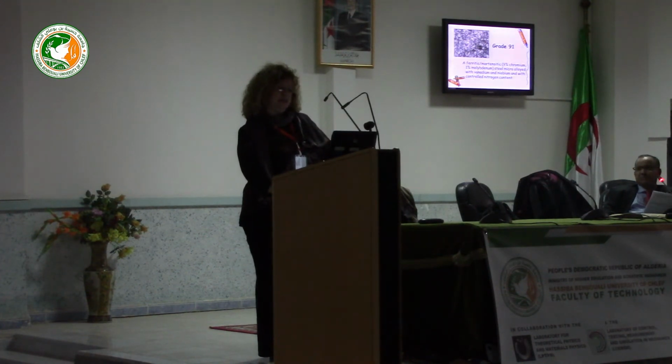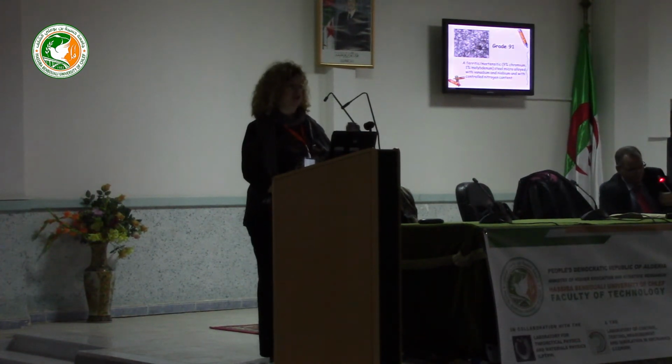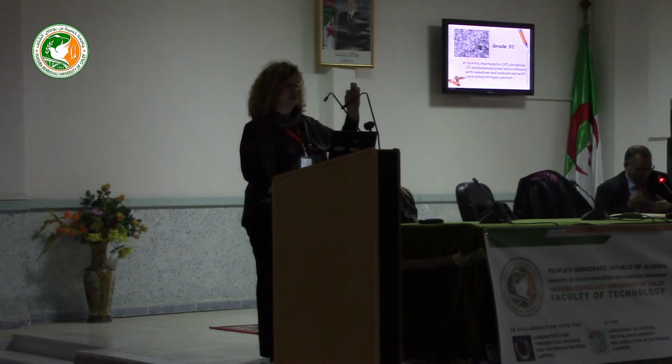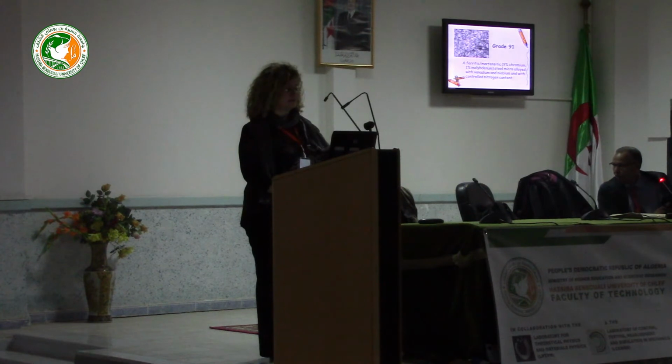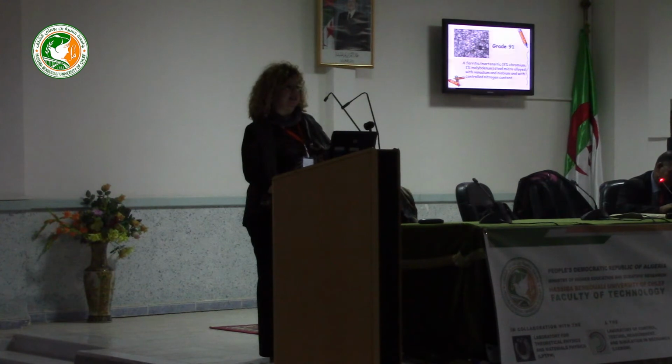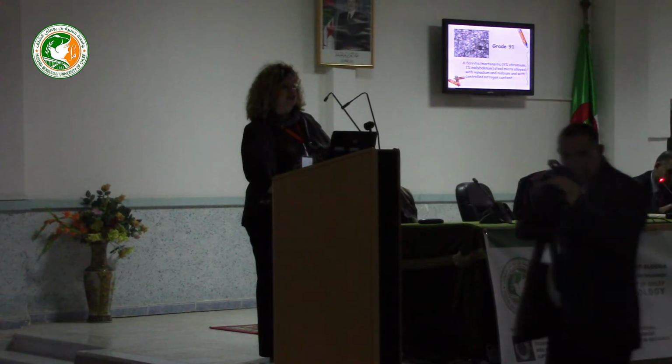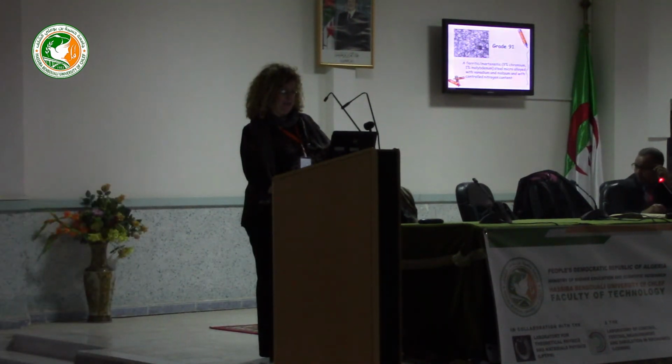So, the microstructure of the base material, unaffected, that we call virgin material, with 0 hours of operating, is, as you see, a microalloyed ferritic steel, which is alloyed with a little bit of vanadium and niobium. And it is very important to have a very controlled percentage of nitrogen and also of boron.